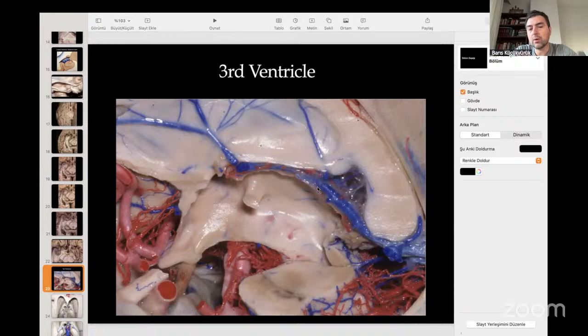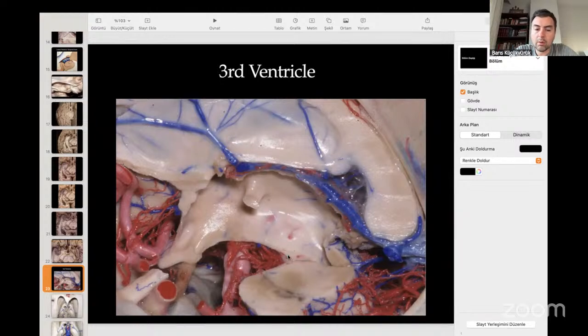We'll see them in more detail, but let me name them here. The venous structures, which we see also here, are the internal cerebral veins, and the arterial structures are the medial posterior choroidal arteries.